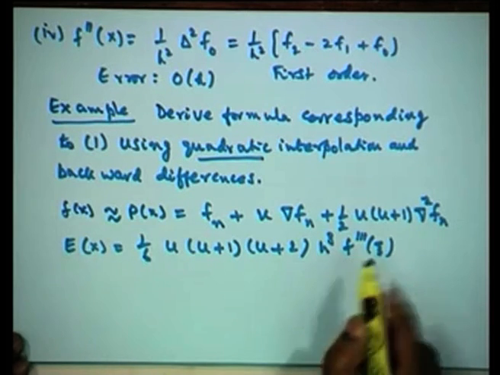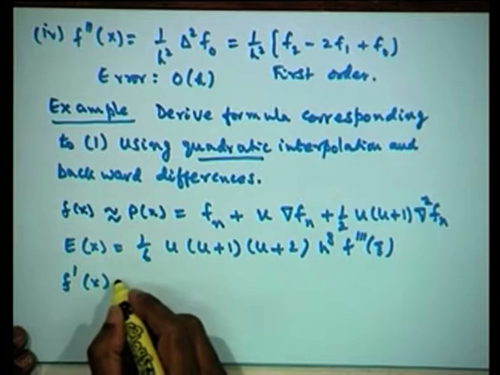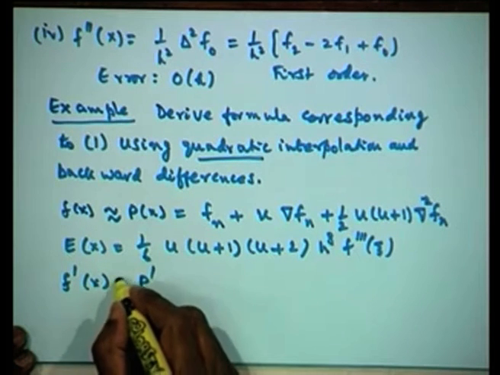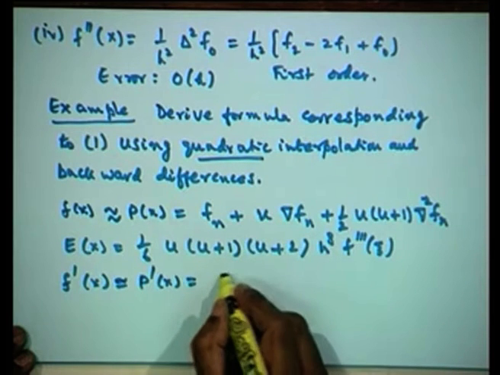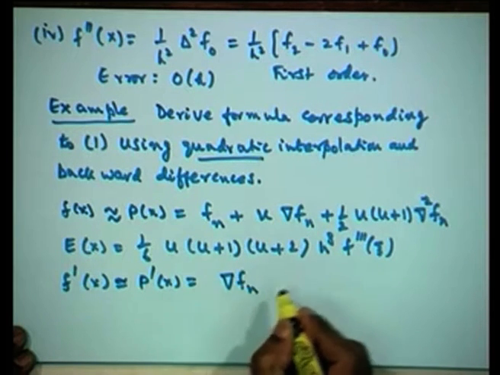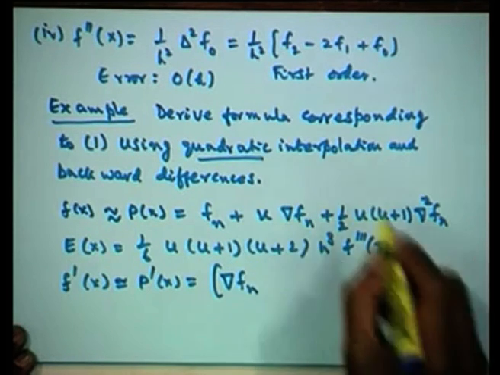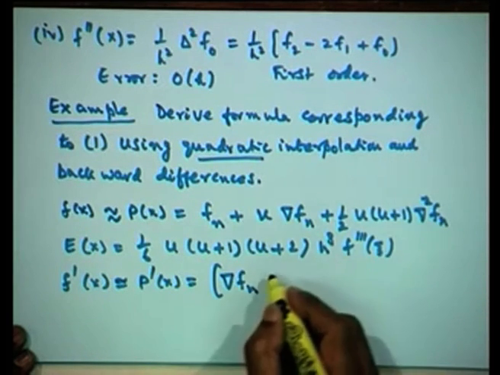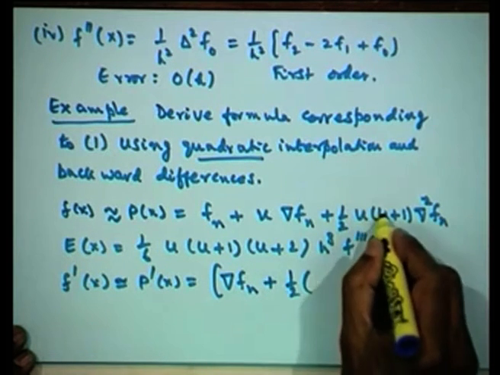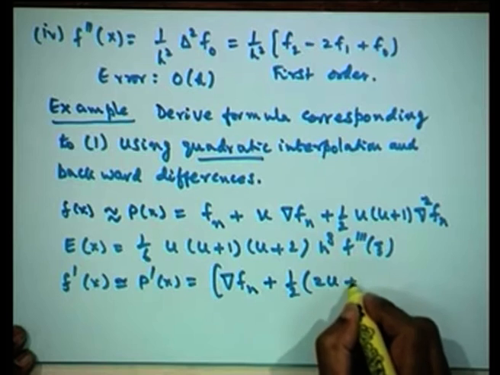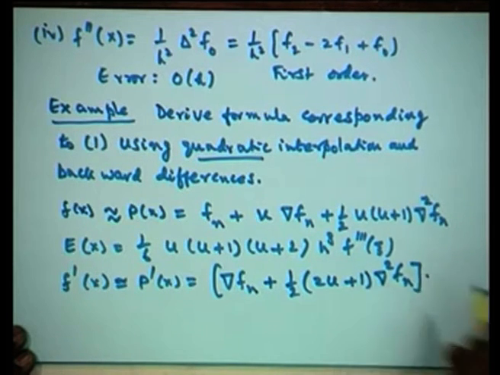Now, I can differentiate this and write f dash of x is approximately p dash of x. The derivative of f n is 0, so this is delta f n plus, using the derivative with respect to u, du by dx, half into 2 u plus 1 delta squared f n into du by dx.